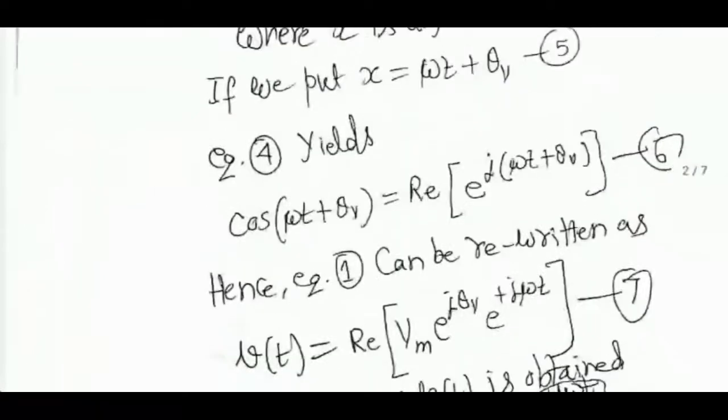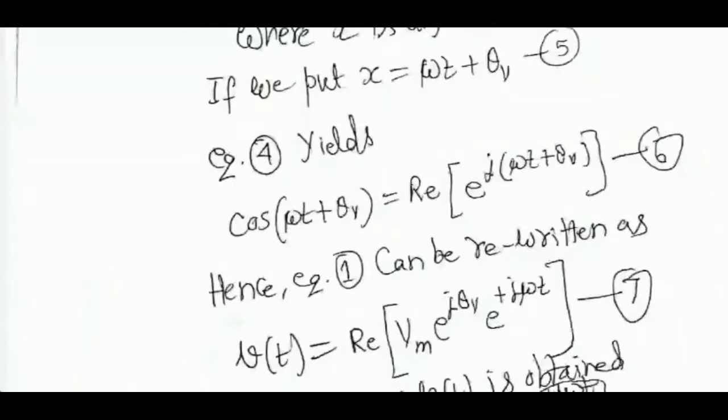Equation 6. Look at equation 6 first. Cos of omega t plus theta v is nothing but the real part of e to the power j omega t plus theta v. Now what we do is obtain a symbolic representation of the signal in the frequency domain, and that representation is called phasor representation.